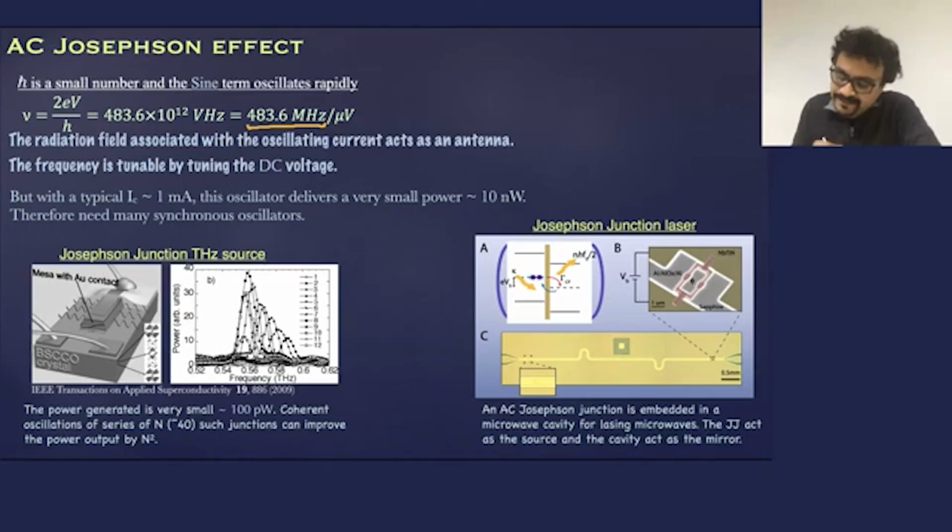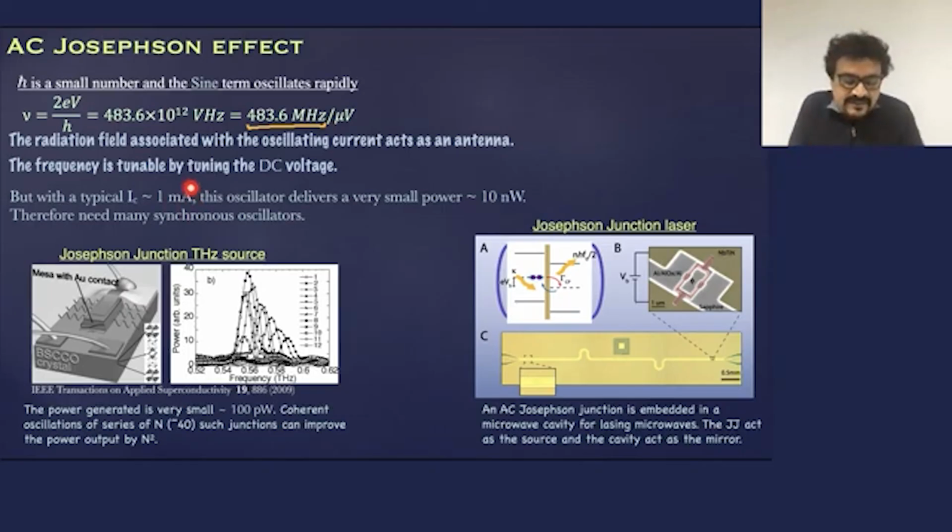But there is a small catch here. The catch is the typical current should be of the order of the IC or lower. IC is the critical current. So if you run a current which is above the critical current, there will not be any Josephson effect, because there will not be any superconductivity either, okay.